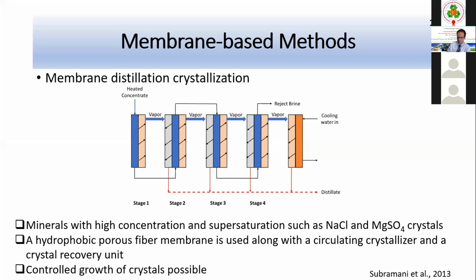There is a circulating crystallizer unit and a crystal recovery unit: after the water is evaporated and passed through the hydrophobic membrane unit, the retentate is further treated in a crystallizer, crystallized and recovered. So it has the potential for more control on the crystal size and crystal growth.